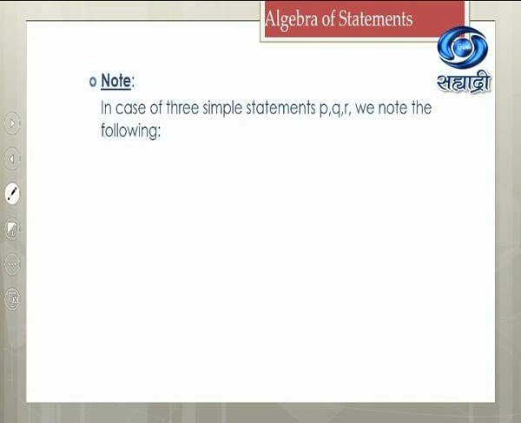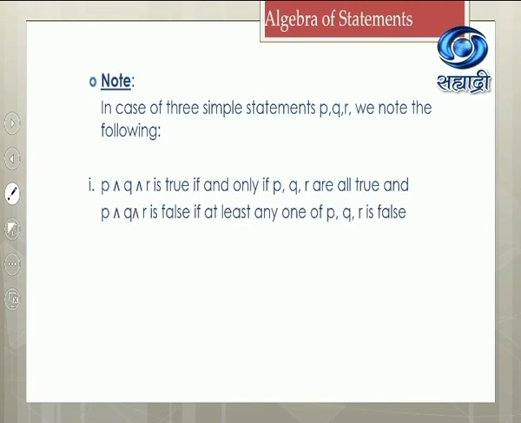Let us see the note. In case of three simple statements P, Q, R, we note the following. P and Q and R is true if and only if P, Q, R are all true. P and Q and R is false if at least any one is false. Like in the truth table of conjunction, if both are true, then only it is true.